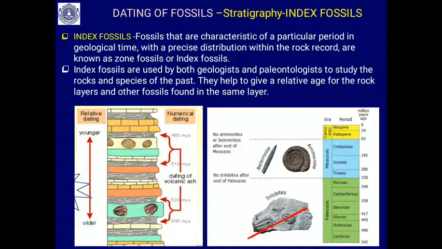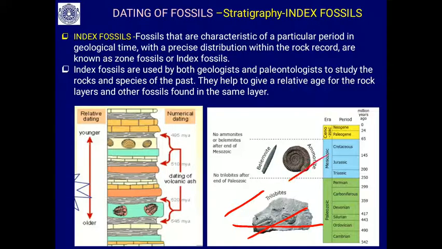It is a distant relative of modern scorpions. Trilobites went extinct at the end of the Paleozoic era. So the rocks having these trilobites, we can decide immediately, are Paleozoic era rocks.